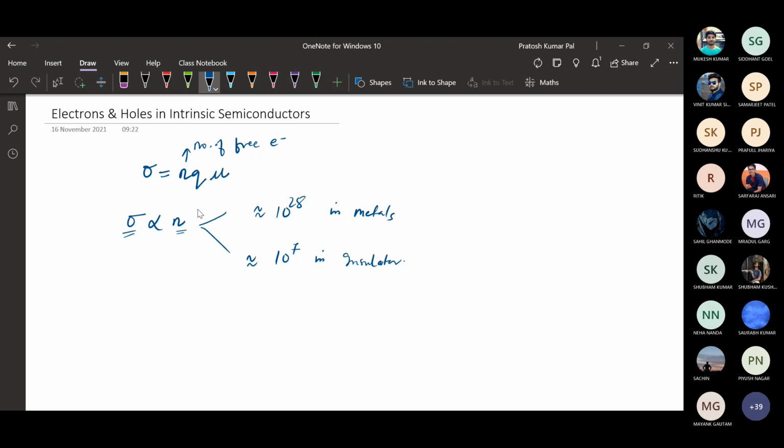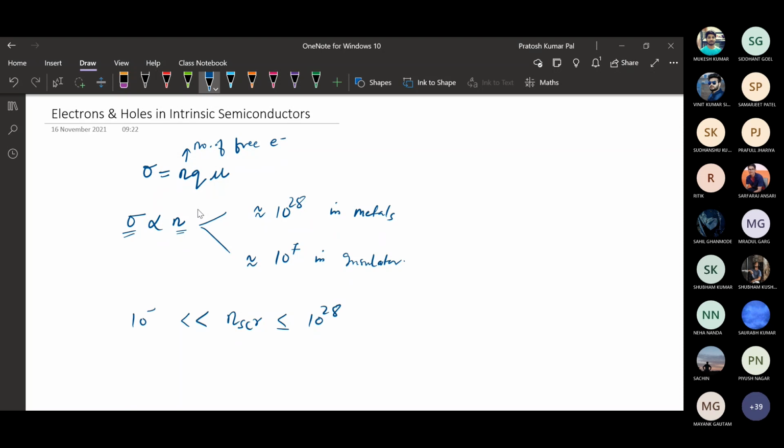In semiconductors, the n value will lie between these two, 10 to the power 7 and 10 to the power 28.